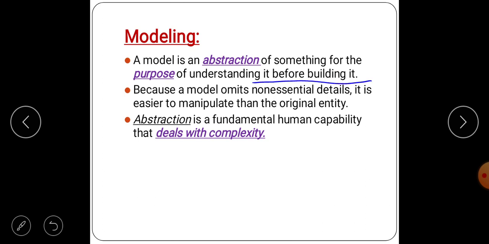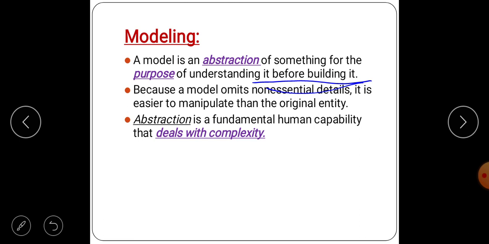Means why are you constructing the model? Model is nothing but the abstraction of something, for the purpose of understanding it before building it. Before building it, we should understand the purpose of that abstraction.